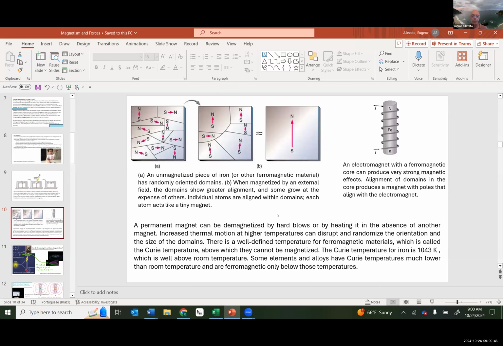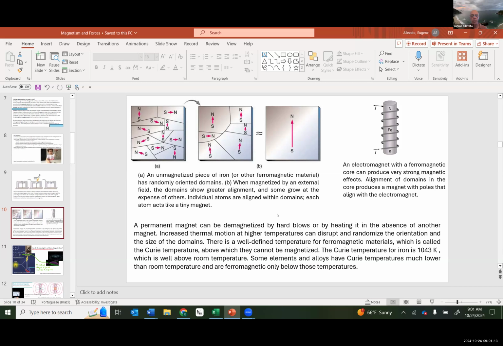Now here is a visualization of what's going on inside a piece of iron, for instance. They have different regions. They are somewhat aligned, but they are randomly distributed. They're not being forced to align themselves.